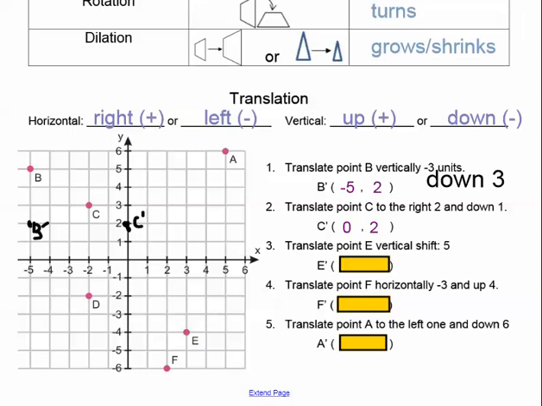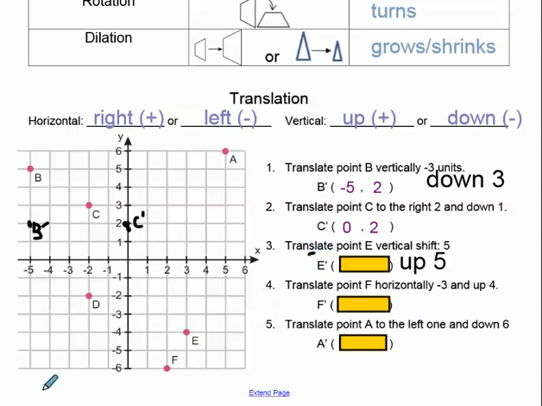All right, next, they want us to do a vertical shift of 5 for E. Well, guys, remember, vertical is up and down. If it's positive vertical, that means we would be going up 5, right? So I'm going to find point E, because that's who they want us to translate, to slide.